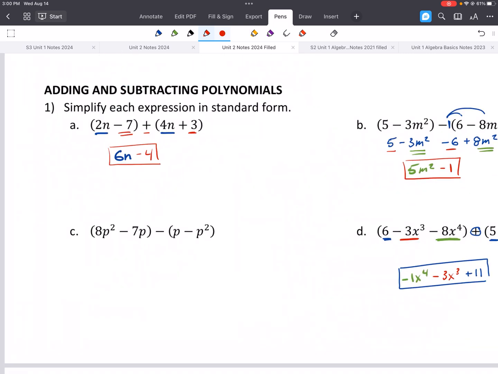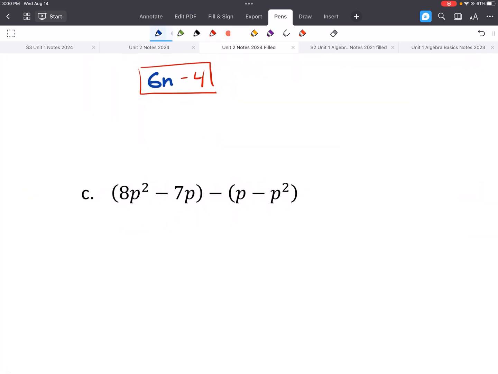All right, last example. So again, if you are subtracting, we need to make sure we distribute the negative. Some people kind of just do it in their head, and I'm not opposed to that. Just be careful, okay? So here we get negative p and then plus p squared. And then we'll combine like terms.